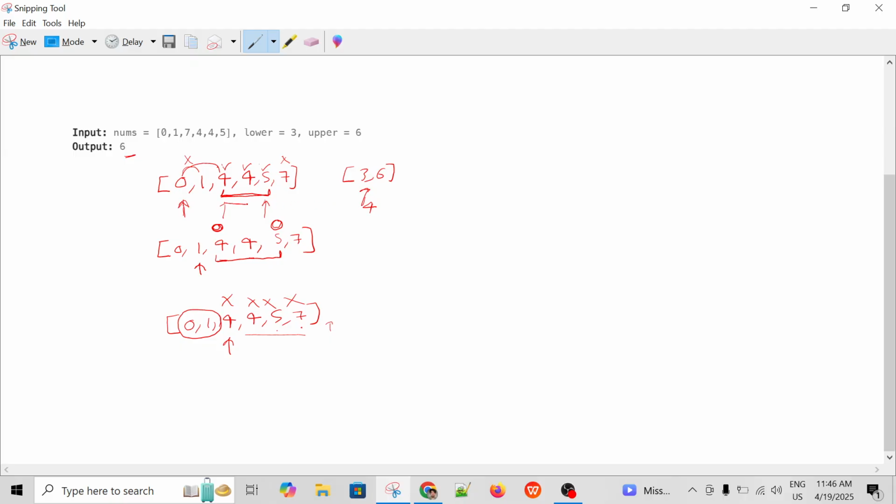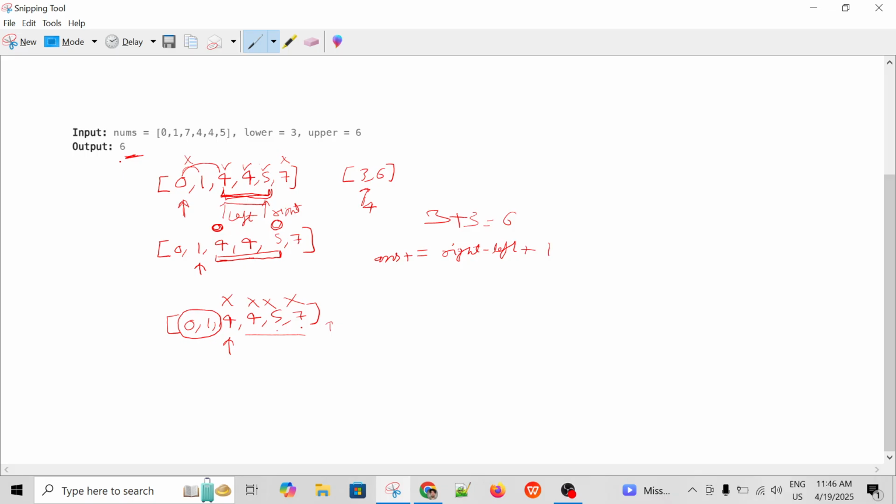So whenever we get this, let's suppose this is the left and this is the right, so the answer plus equals right minus left. That's actually the length of this window, so the length is 3, so 3 will be the answer. Here also the length is 3, so total is 6. You can also see that the answer is 6.